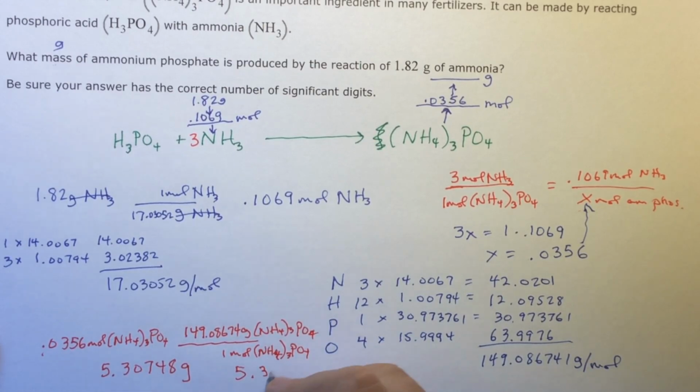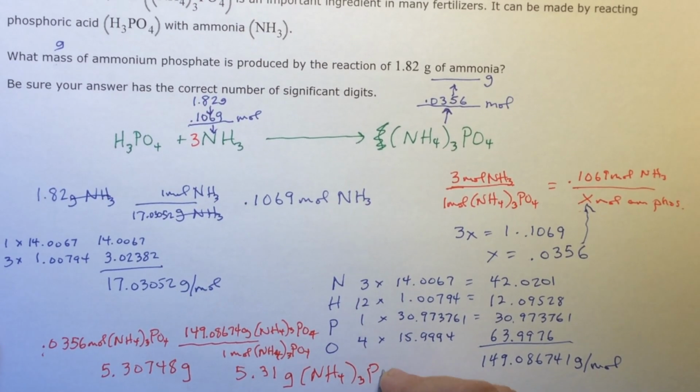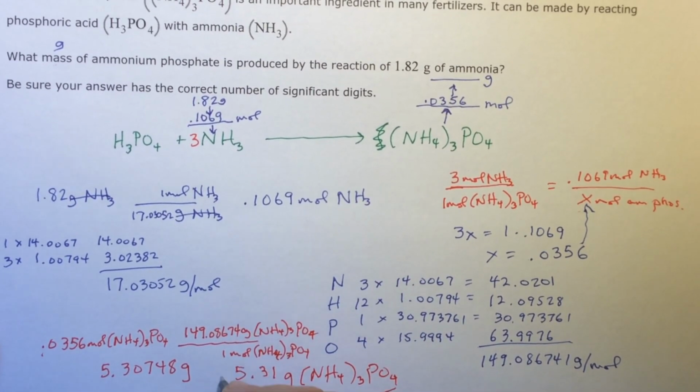So this goes up to 1. 5.31 grams of ammonium phosphate. Okay. So what do you think about that? Ugh, terrible. Okay, let's practice it.